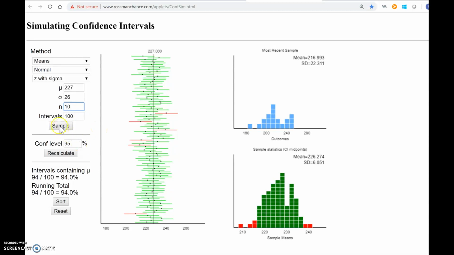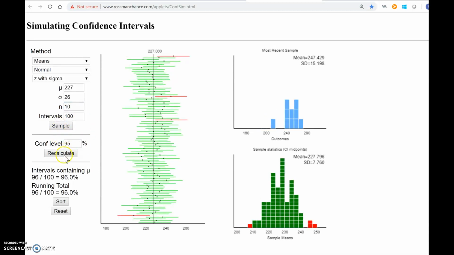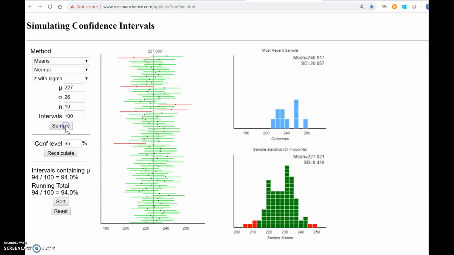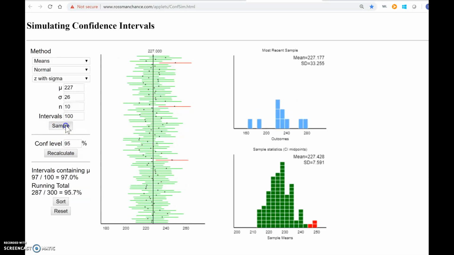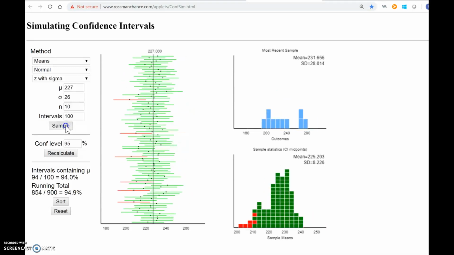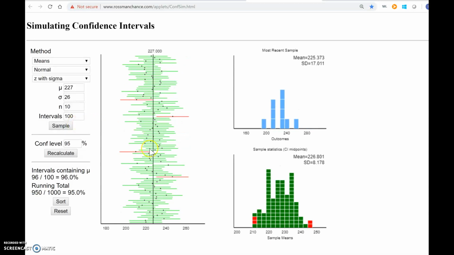There we go. This will illustrate what I want better. So let's reset this. I want to get one that has about 5 misses, kind of what you'd expect. 4 is good enough. Okay, I want you to notice that every single one of these intervals is exactly the same width, the same length.